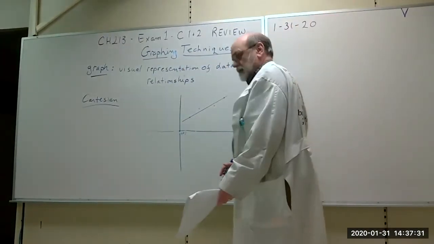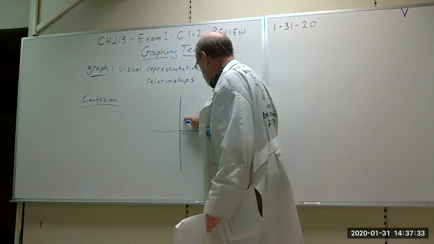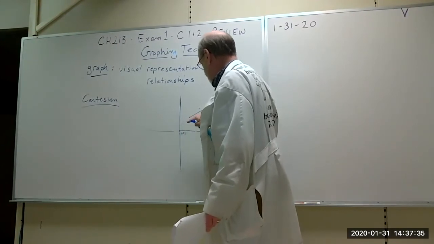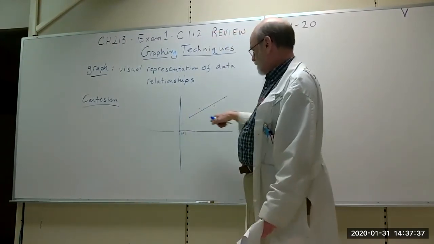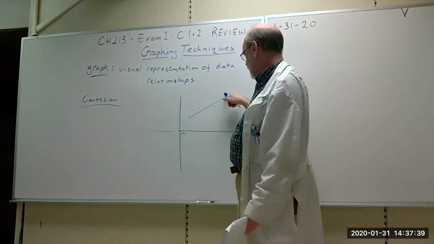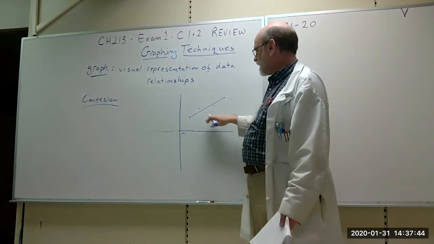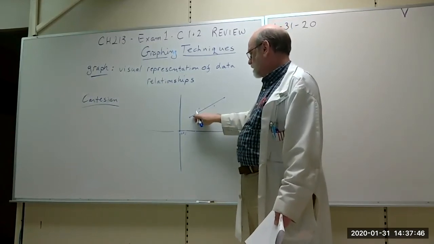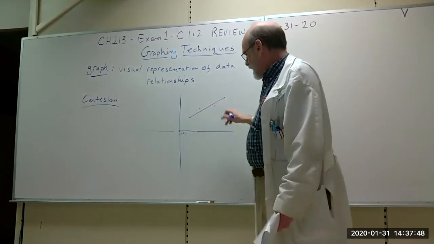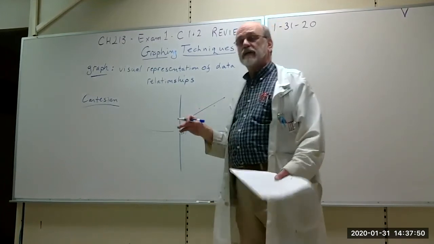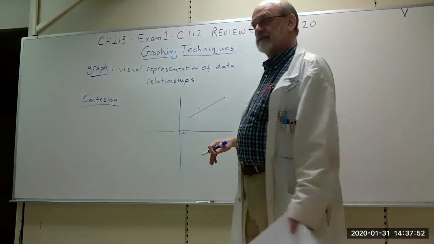Now, for our data set, we know what happens from here to here to here to here. So our trend line can give us reasonably good values if we want to use that line to say, what if? Right?